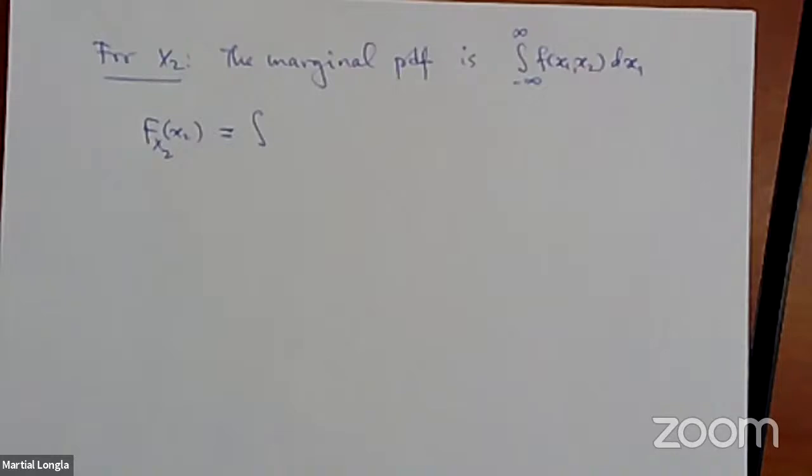When you're integrating dx1 and you're finding a function of x2, you can't end with x1. Because if the boundary of your integration is x1, that means x1 is going to be in the function at the end. But you need to have a function of x2.